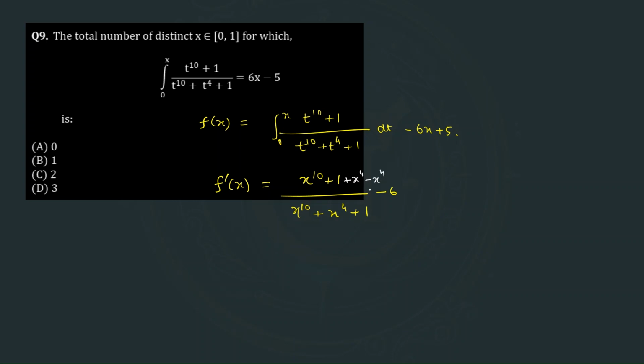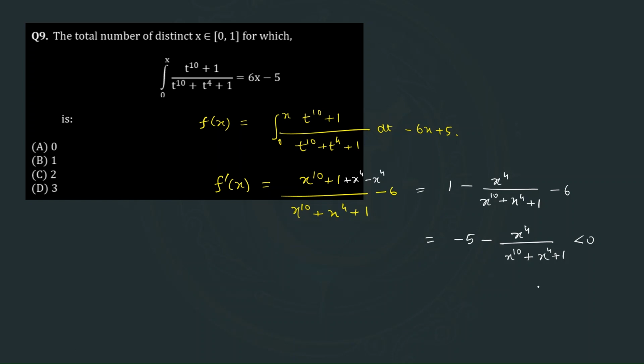If we separate these two parts, it will become 1 minus x to the power 4 divided by x to the power 10 plus x to the power 4 plus 1, minus 6. So minus 5 minus x to the power 4 divided by x to the power 10 plus x to the power 4 plus 1.